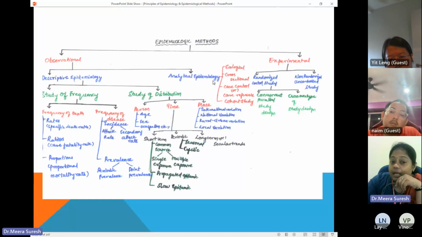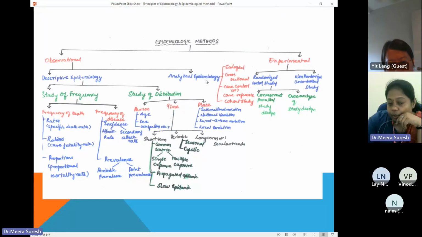So it depends. Typically, under analytical epidemiology, we have two important studies: the case control study, also called case reference study, retrospective study, and so on, and then the cohort study. After that, from the observational we go to the experimental.